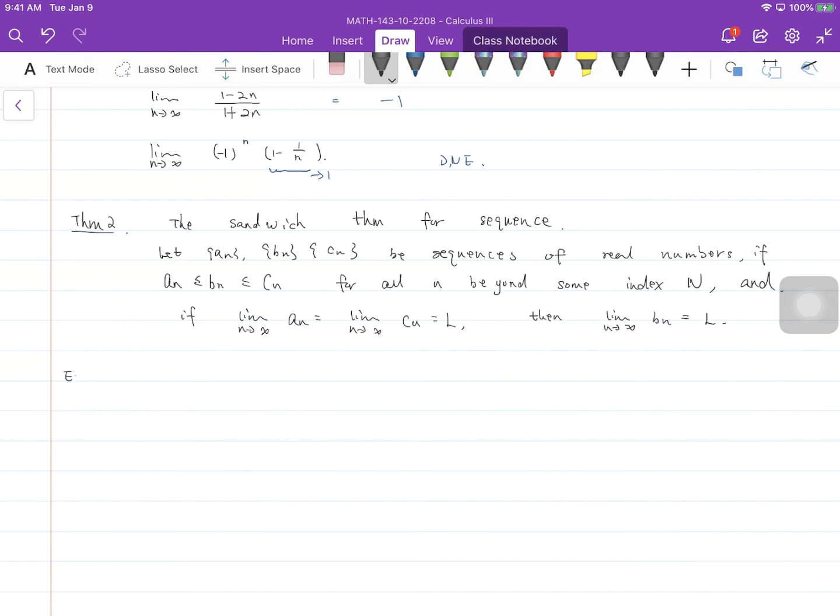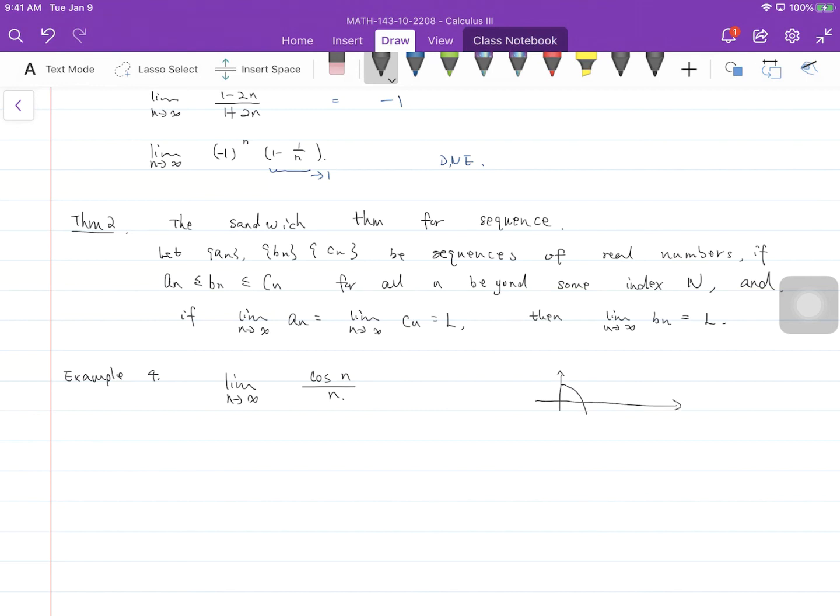Let's see how to use this theorem to find some other kind of limit. Let's take a look at this one. Cosine n over n. Okay, the interesting thing is cosine. Let's take a look at the graph of cosine.